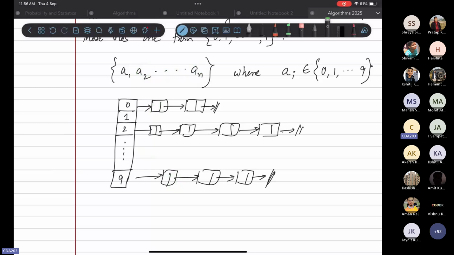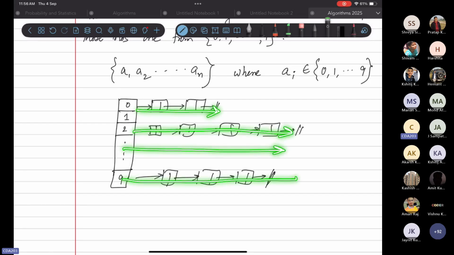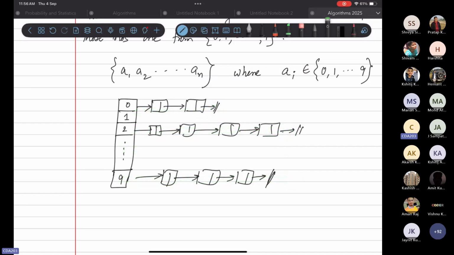For every number, I'll do this. Once I store all these numbers in this way, I first print this whole list, then I'll print this next list, and at the very end, I'll print this last list. In this way, I'll be able to sort it. You got this idea?